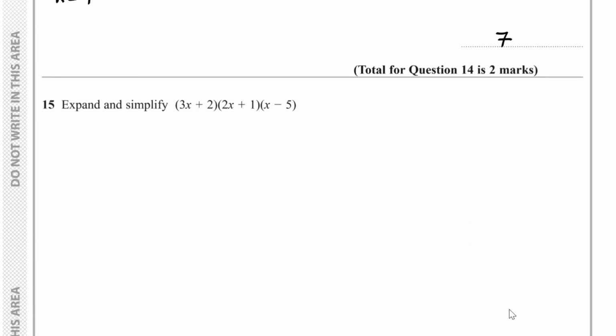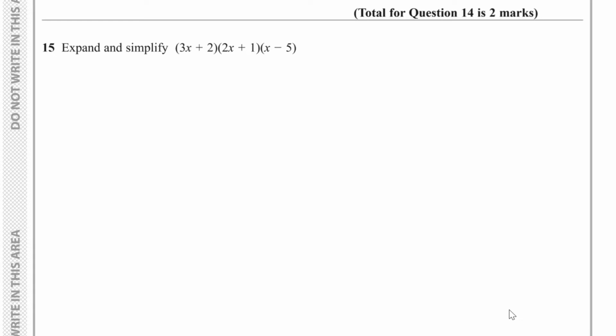Okay, so now for question 15, we have to expand and simplify 3x plus 2 lots of 2x plus 1 lots of x minus 5. So to do this, I recommend multiplying out the first two brackets. So here we've got 3x times by 2x, that's going to be 6x squared.